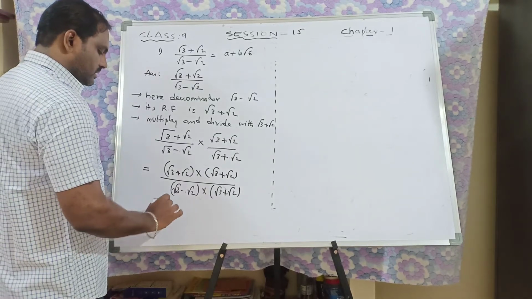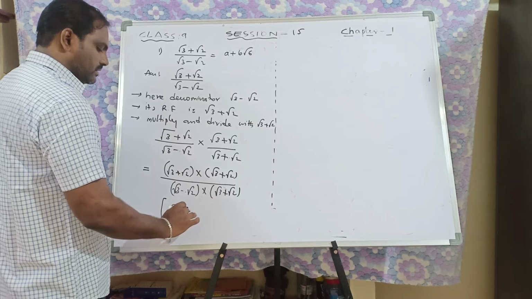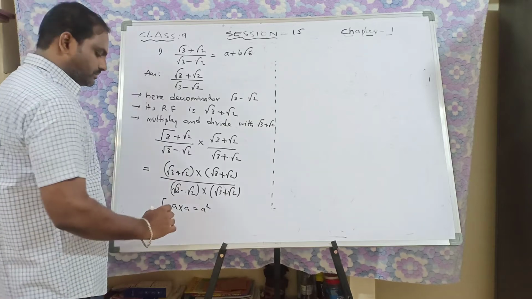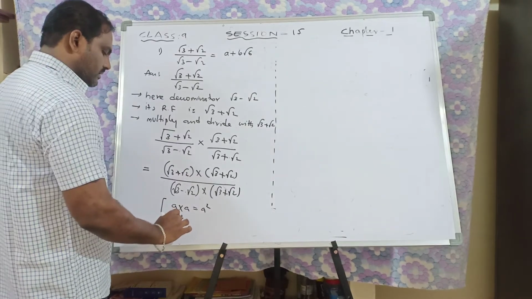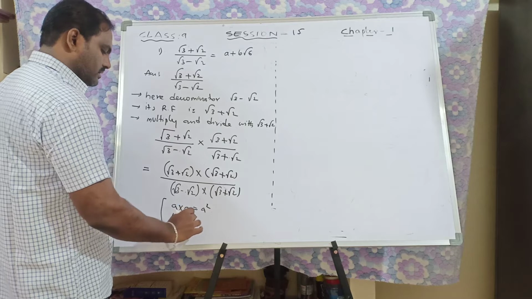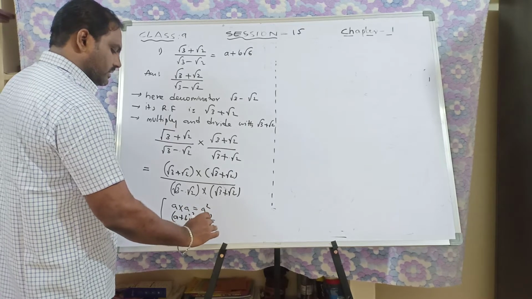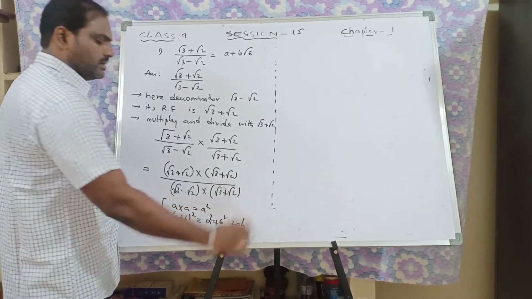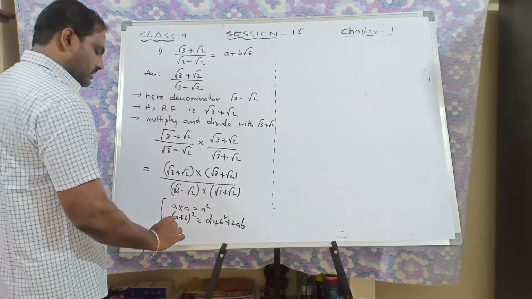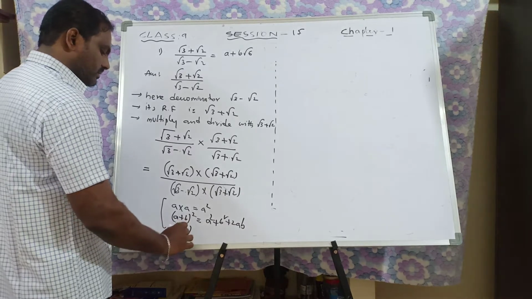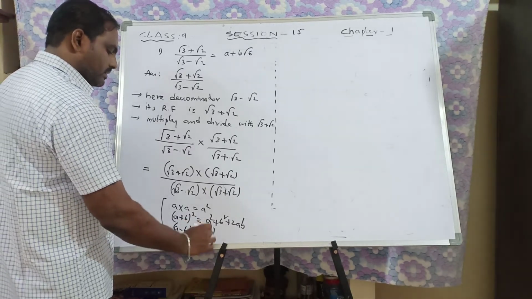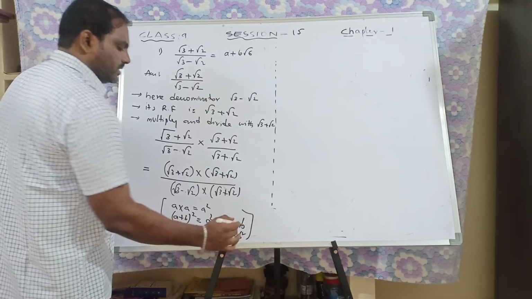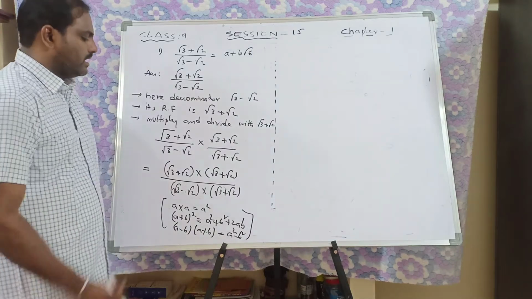The first formula: a into a is a square. The next formula: a plus b whole square is equal to a square plus b square plus 2ab. And one more formula: a minus b into a plus b is equal to a square minus b square.